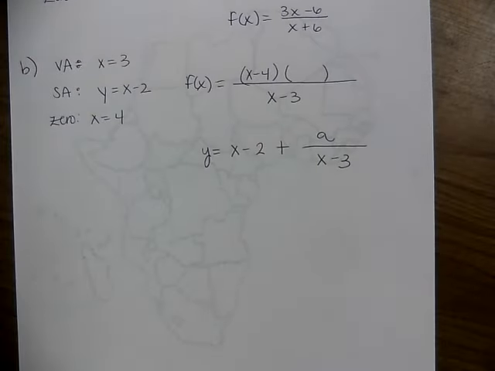So now I have to figure out what that remainder was. How can I do that? Because here I have 3 variables. I have x, y, and a. I need to find a way to minimize it. But I can only minimize it using information that I already know.